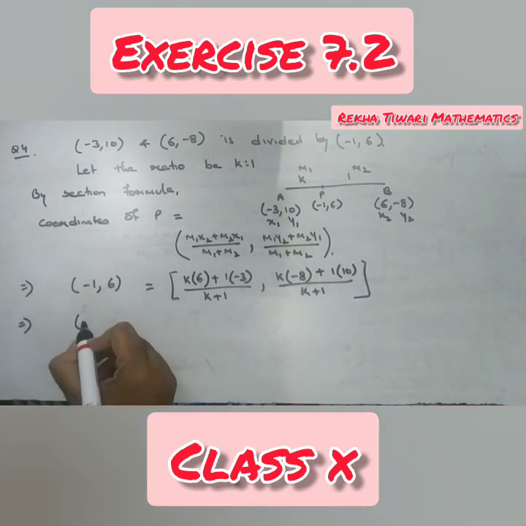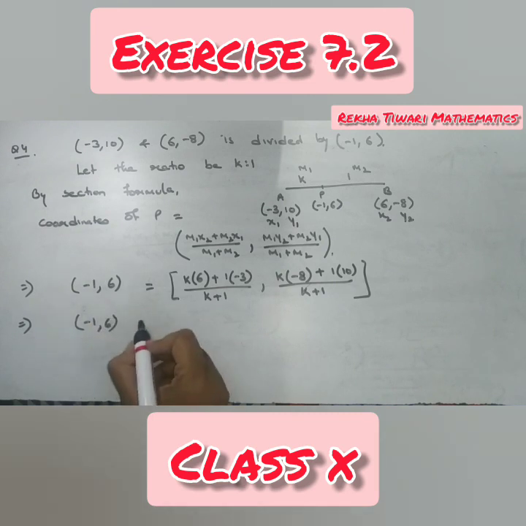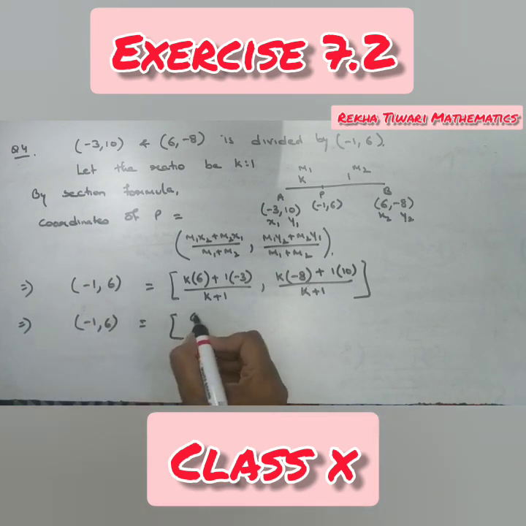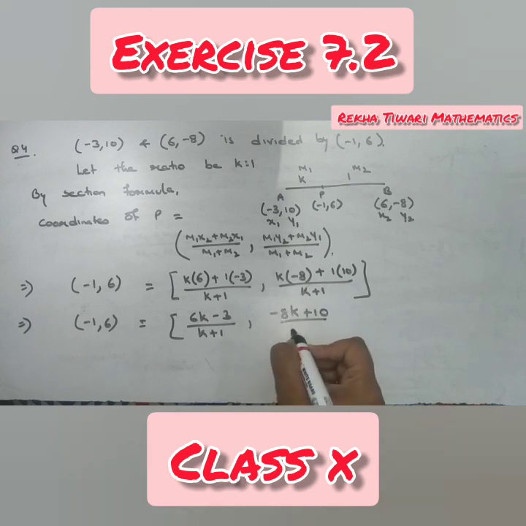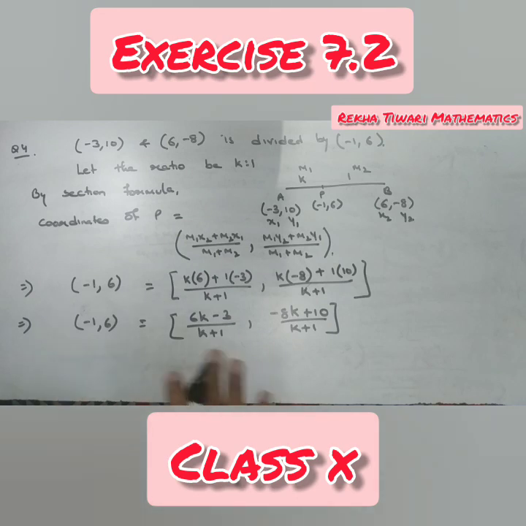This implies -1, 6 is equal to 6k minus 3 upon k plus 1 and minus 8k plus 10 upon k plus 1. Look here, now these two are equal.